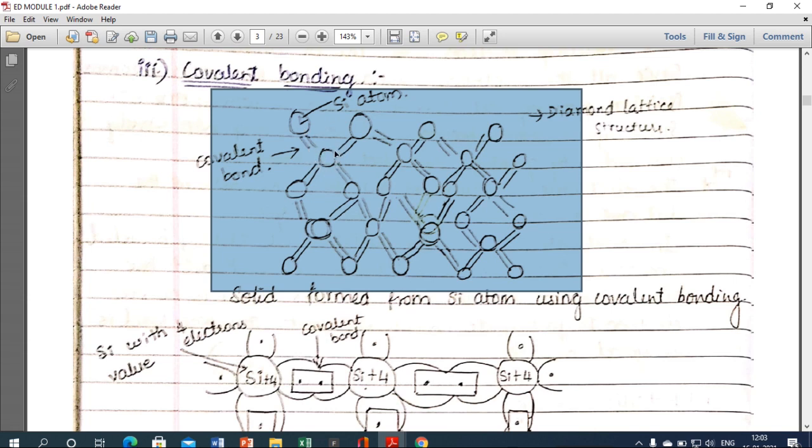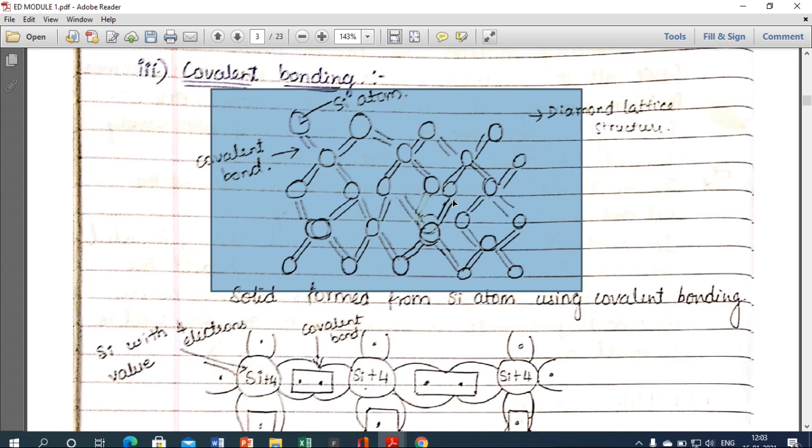If I take one example here, this is one silicon atom. This atom is bonded with the nearby atoms with 4 covalent bonds. Covalent bonding is not much stronger when you compare it with ionic bonding. So when I take one example here, this is also called the diamond lattice structure.